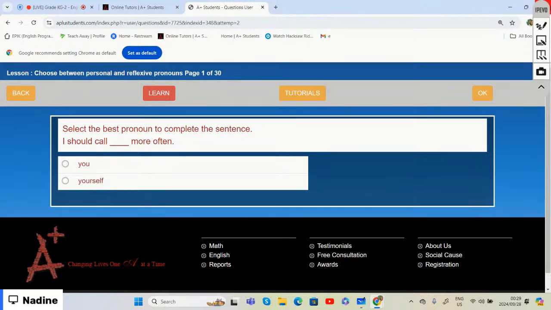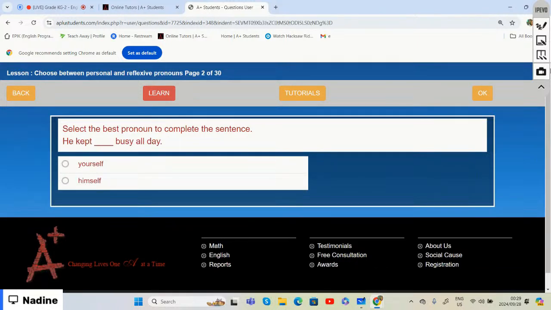And if we were to choose the correct option, remember, if you are referring to someone else or something else, which will be a personal pronoun, then we say option one, because I call you more often.